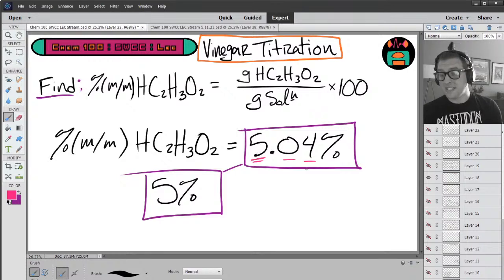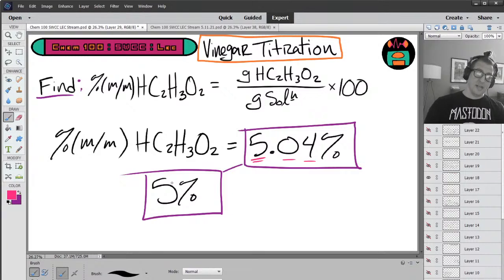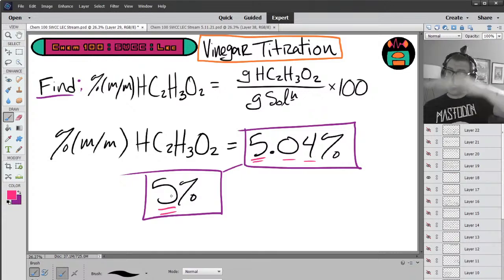Now, there's a reason why the people who sell vinegar report it only to the ones place. Because there's going to be a slight variance batch to batch. So you might have some that are slightly less than 5%, some that are slightly higher, but all of them, when you round to the ones place, still come out to 5, and so they can't be accused of false advertising.